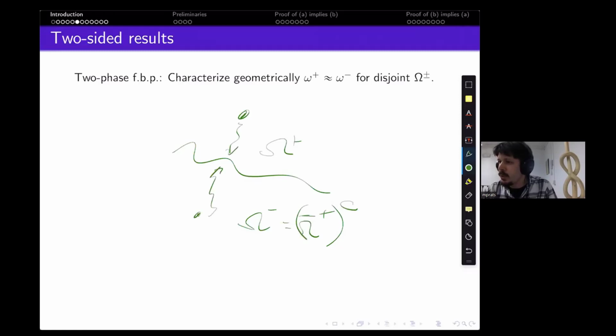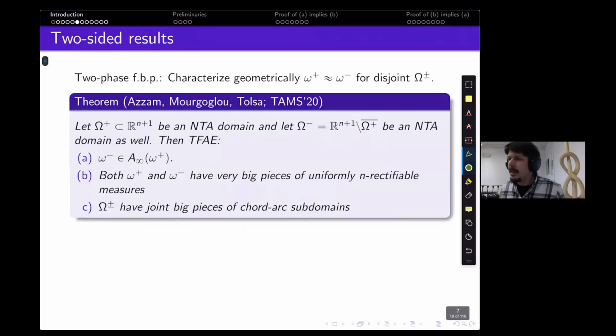You get two different harmonic measures, and when they are mutually absolutely continuous, what geometric conditions on the boundary imply this? There is this quantitative result, again, by Azzam, Mourgoglou, and Tolsa, that says that if omega is an NTA domain and the complement is an NTA domain as well, then being A infinity is equivalent to both harmonic measures, exterior and interior, having very big pieces of uniformly rectifiable measure. Okay. And this is also equivalent to both domains, interior and exterior, having joint big pieces of chord-arc subdomains.